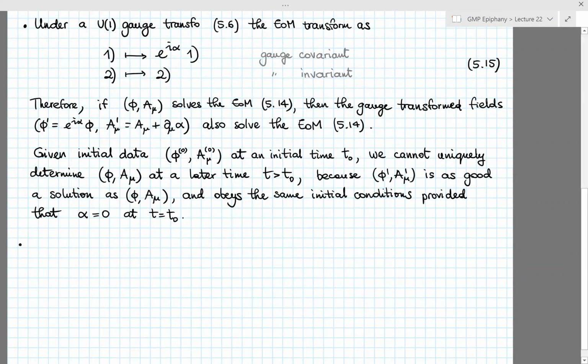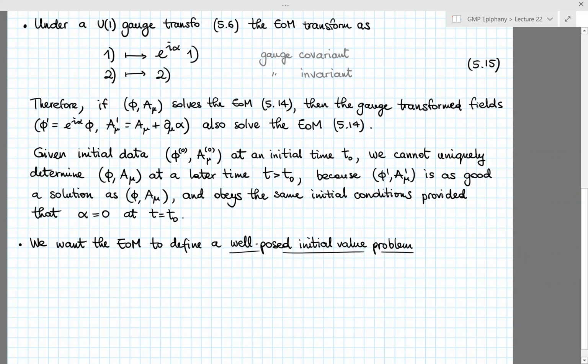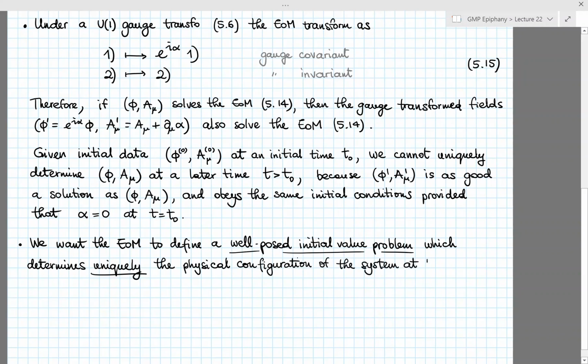This seems problematic at first sight because we would like the equations of motion to define a well-posed initial value problem which determines uniquely the physical configuration of the system at later times, given the initial condition.